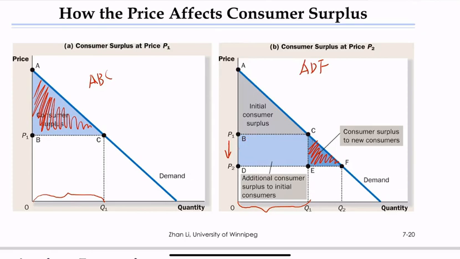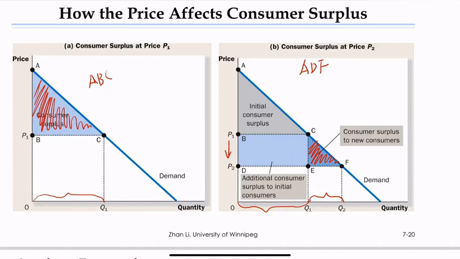Now you can see that this CEF rectangle, this increase in consumer surplus, is due to the fact that new buyers enter into the market and then they can make purchases. Previously the market quantity was Q1, right? And after the price decrease, these additional buyers will buy the additional quantity, Q2 minus Q1, right?